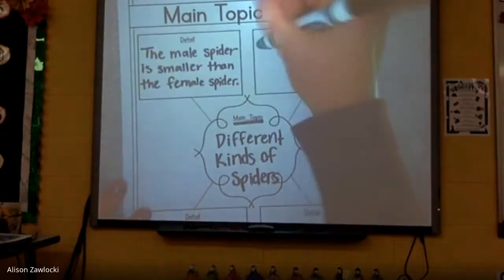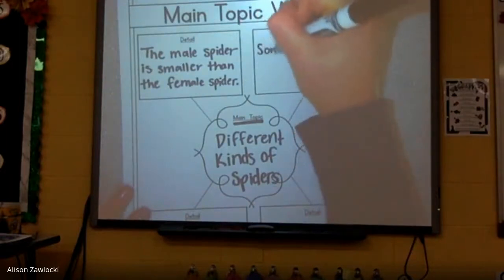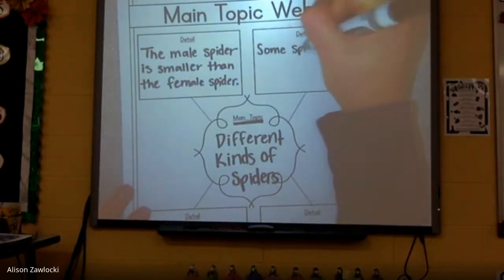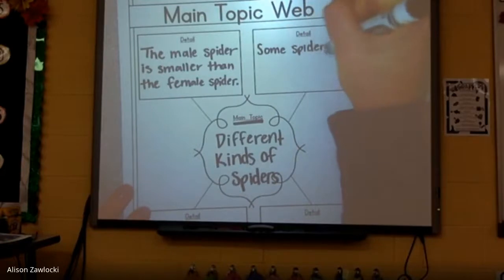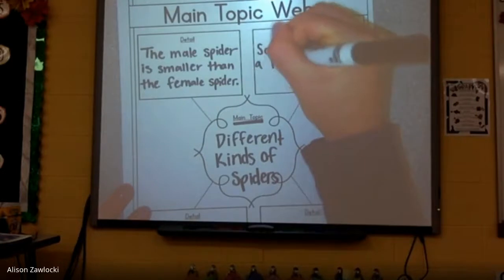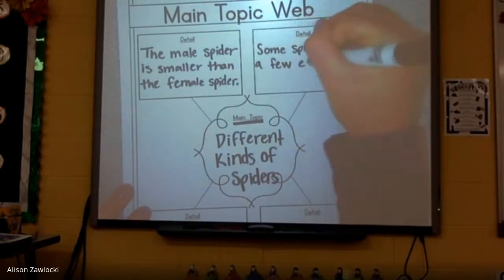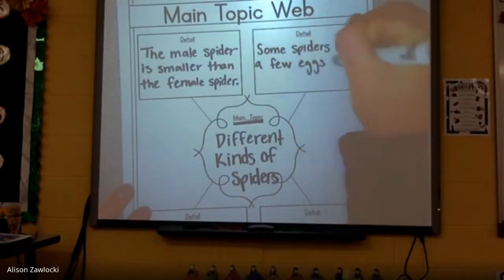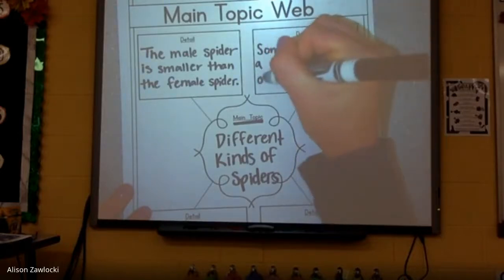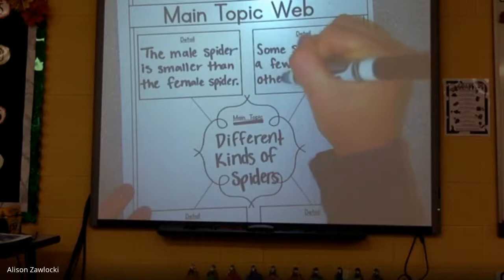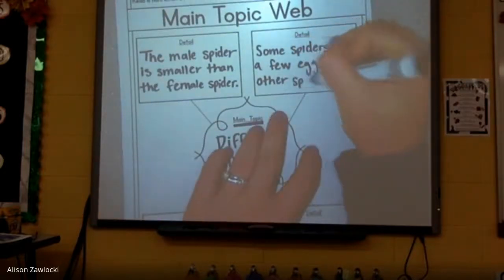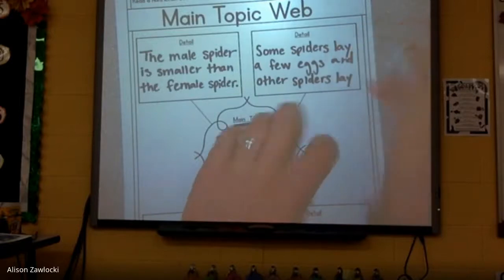So I'm going to write that in a sentence by saying, some spiders lay a few eggs, and other spiders lay thousands.